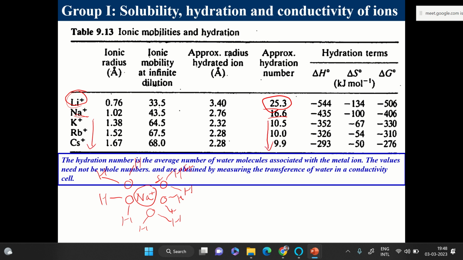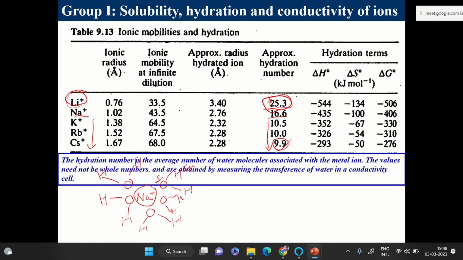So cesium plus is hardly, they are surrounded by roughly 10 water molecules as an average, whereas lithium plus, the first cation of the group from the top, is 25. The number is 25, huge.